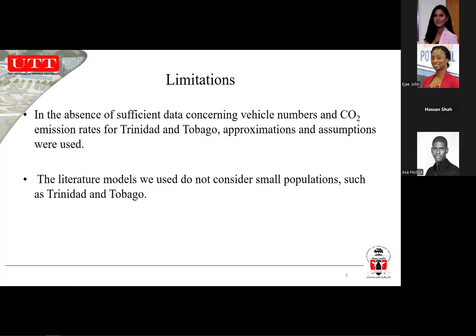Also, the literature that we considered did not consider small populations such as Trinidad and Tobago, since their smallest were around 5 billion people and 49 million vehicles.